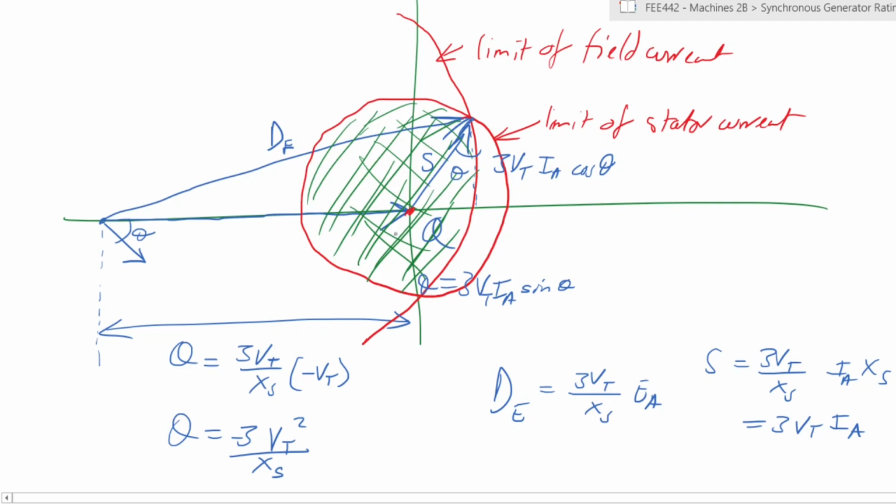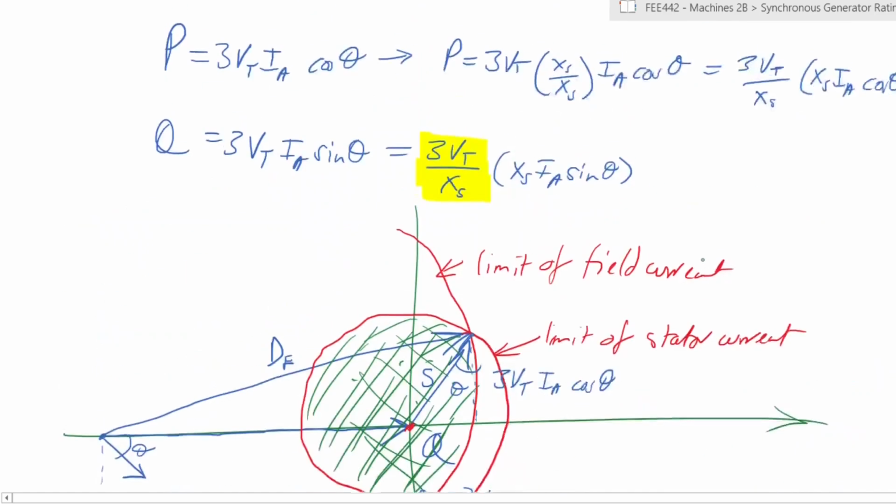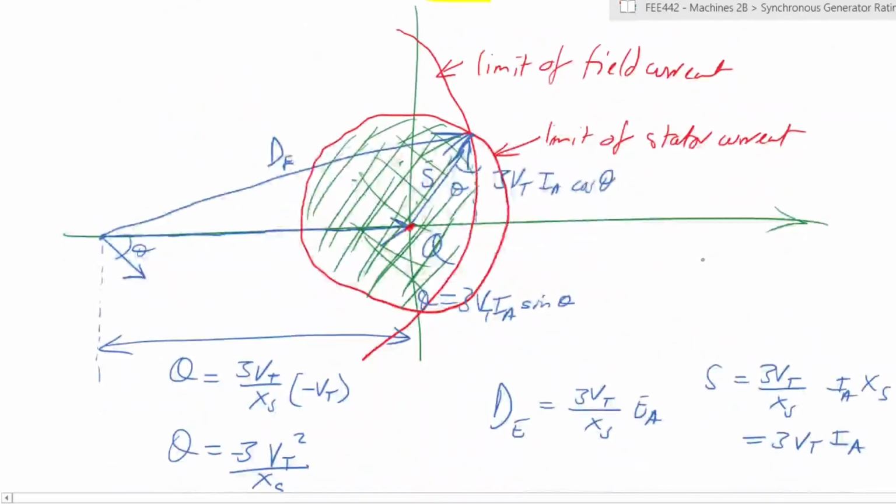So the safe values of power that it can generate will be indicated by these points that are here. And the axis here, we had said is kVAR, so that is reactive. So these are the values of Q that you can have, and these are the values of P that you can have, real power and reactive power.